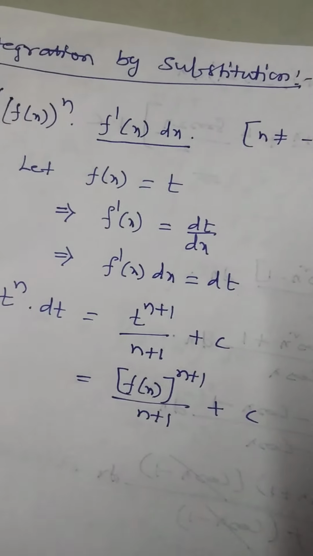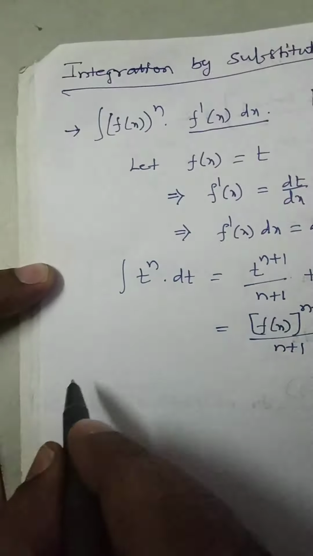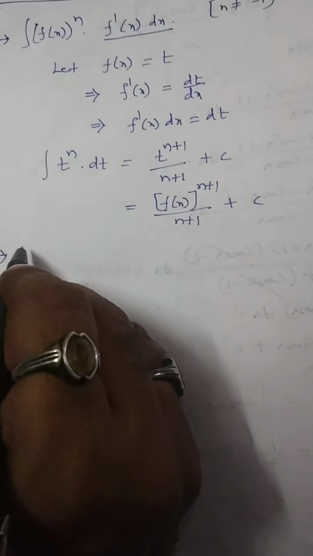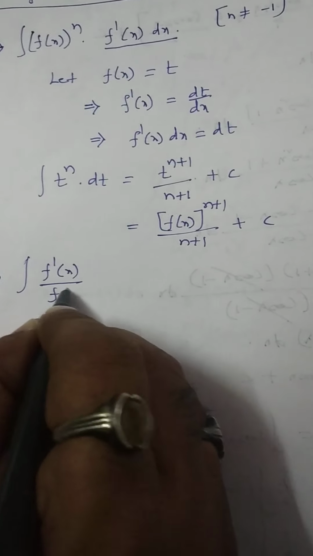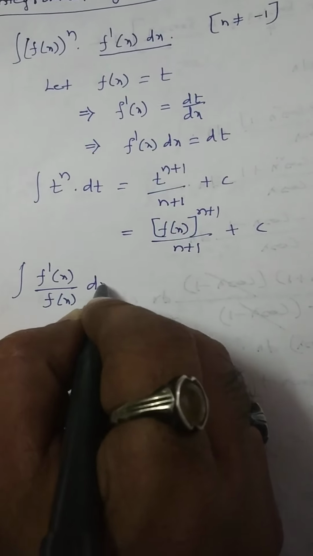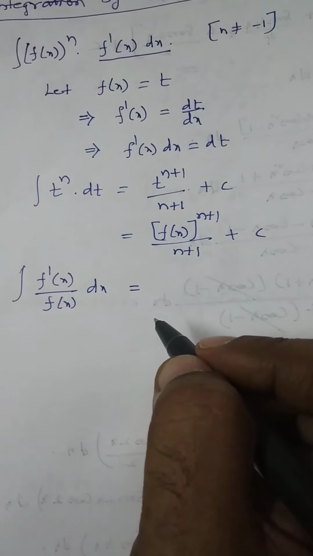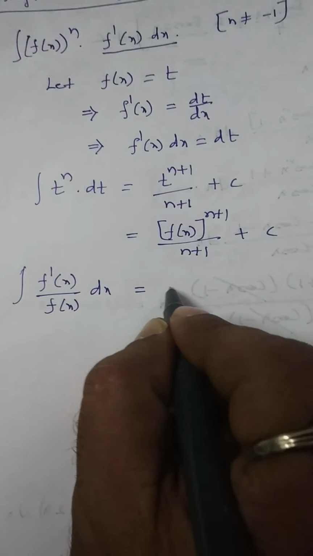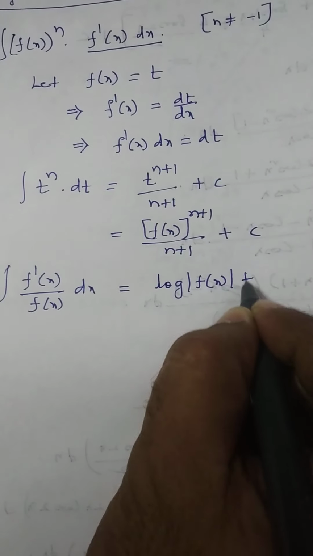Okay, next, suppose this is the first form. Next, if the function is like integration of f dash of x by f of x dx, this is nothing but log of f of x plus c.